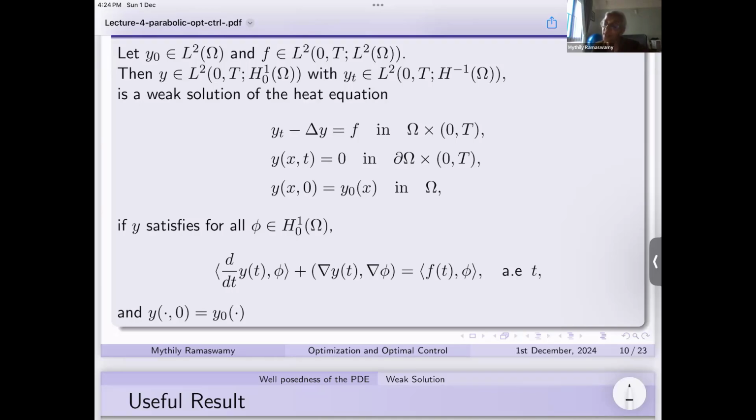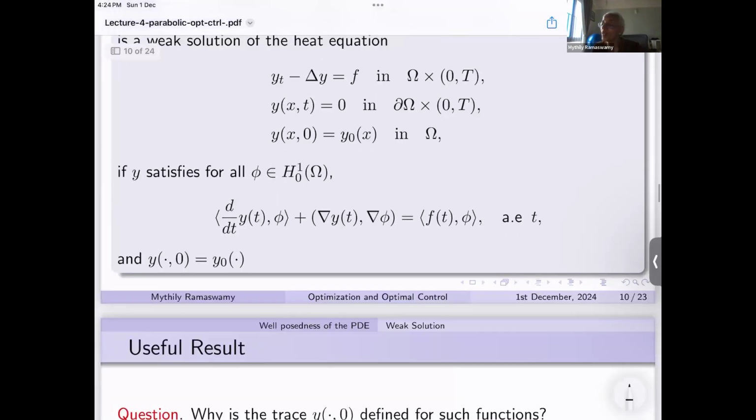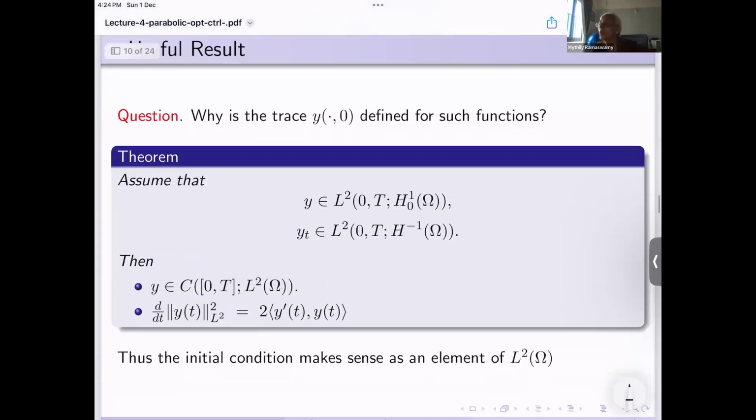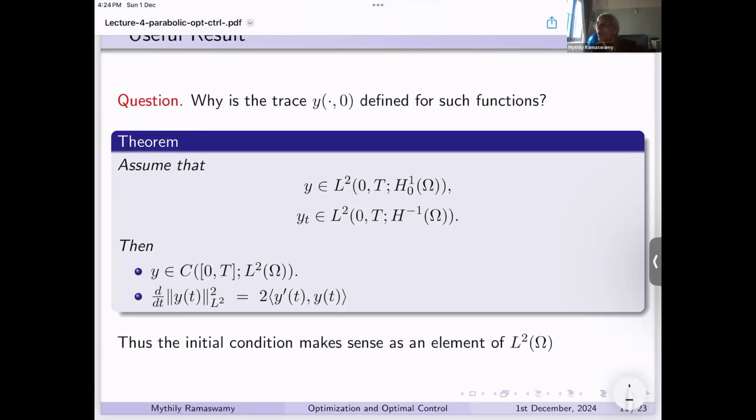And I have put the condition y at time t equal to 0 will be y0. Here y0 represents the function on omega, because y0 is coming from L2 of omega. But the question is why the trace is defined, why y(0) is defined. That is because you usually have a trace theory.